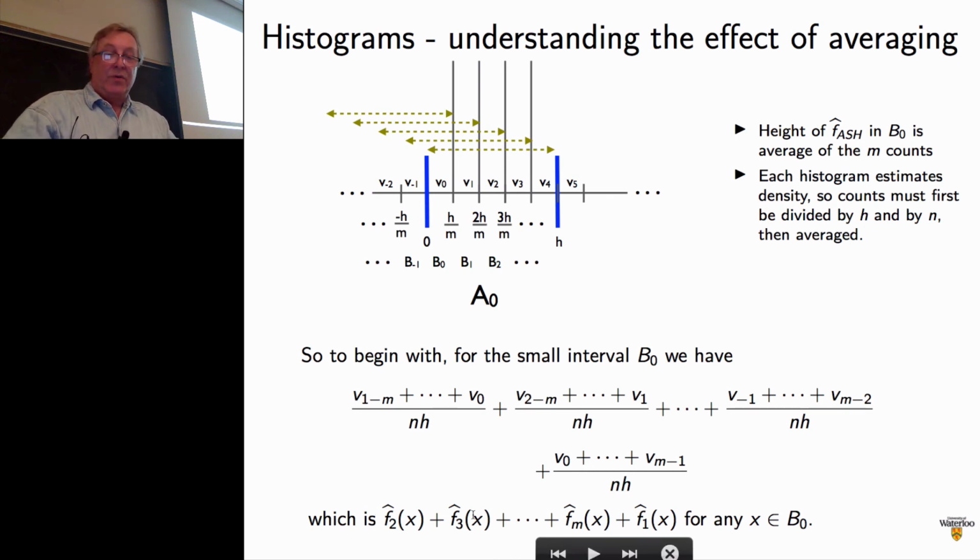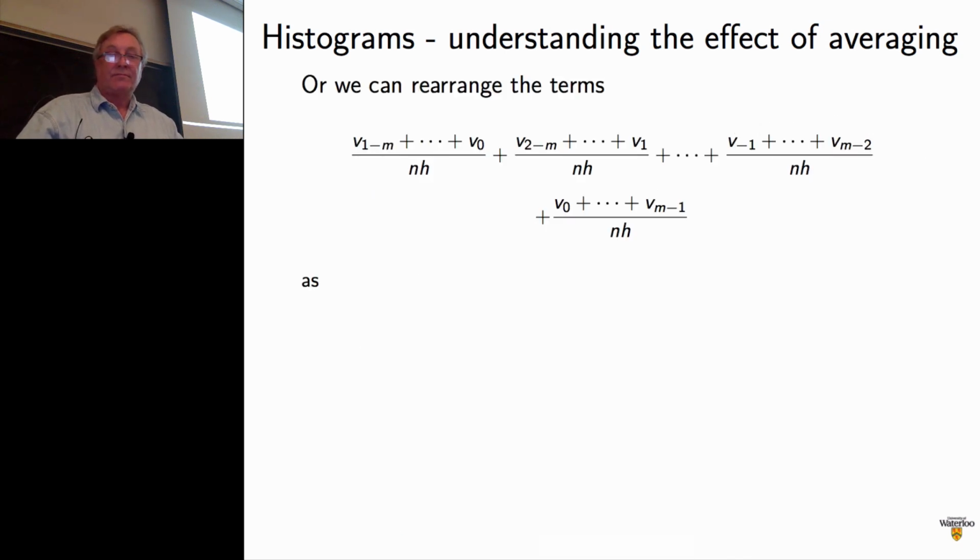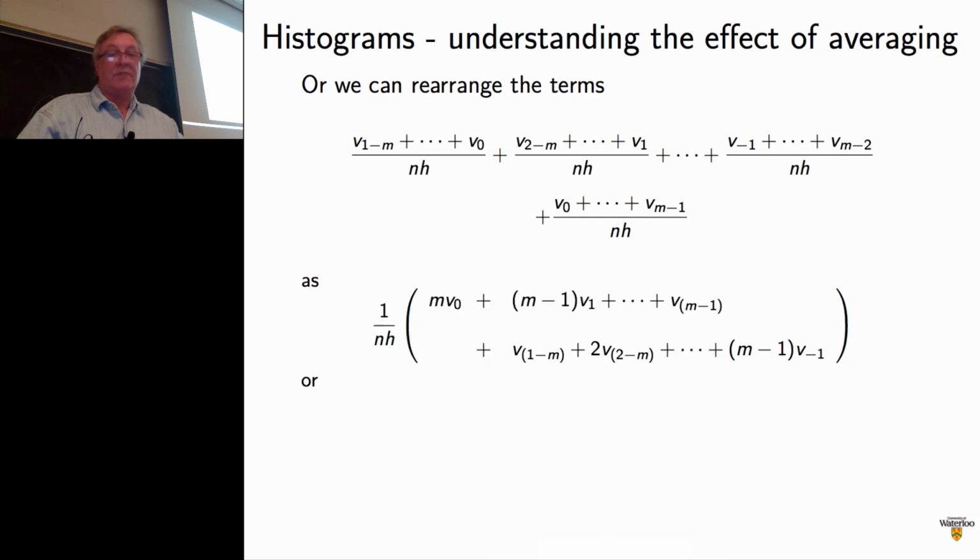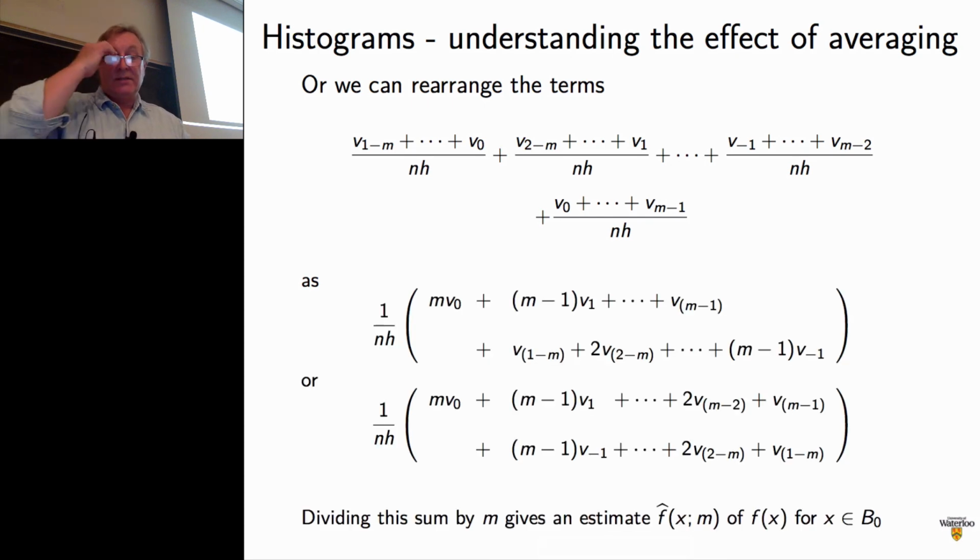But I have to take this whole thing, since that's the sum of them, divide by M to get the estimate, get the average. So rearranging the terms, I can do this, and that's just algebraic manipulation. It's got this lovely pattern, m, m-1, m-2, etc., down to 1, as we go from 0 up to m-1, m-1 at -1, and down to 1 at 1 minus m.